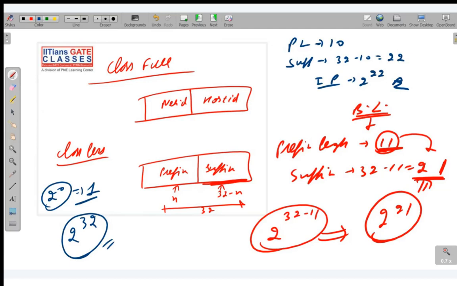That means with 2 power 32 blocks, the prefix is 32 bits. So a 0-bit suffix means 2 power 0, that is only one IP address in each block.